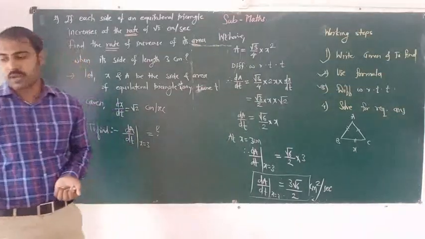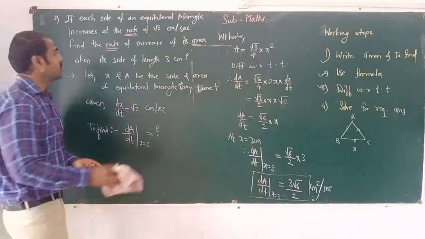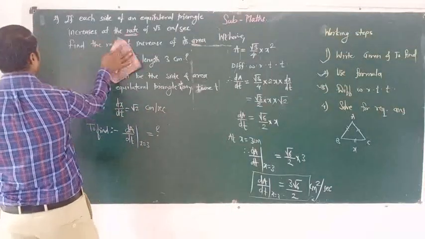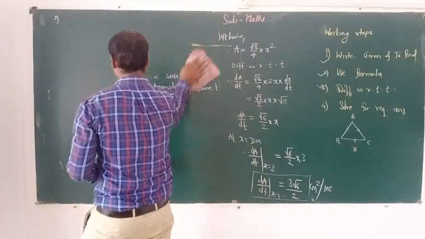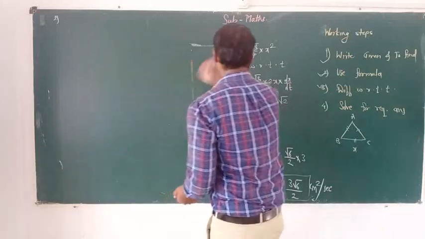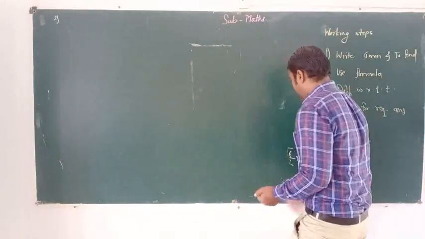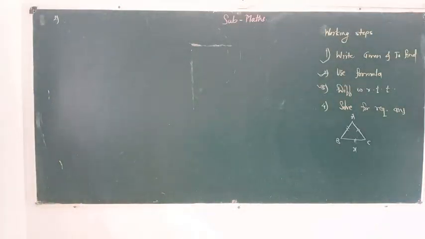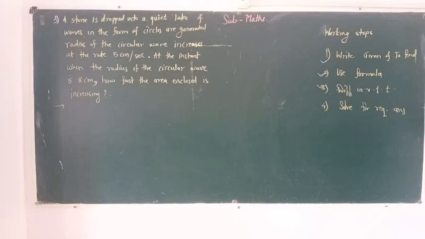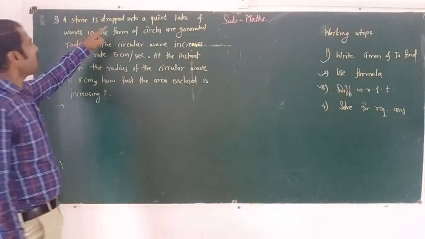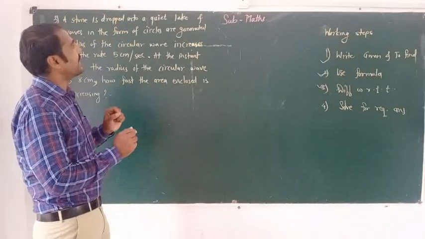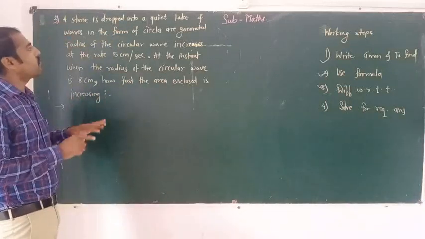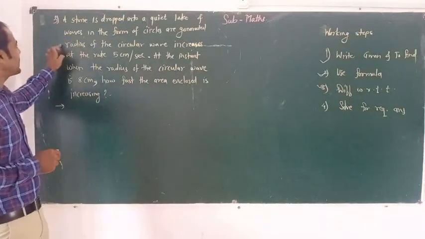Now we are moving to the next example, question number 3. A stone is dropped into a quiet lake and waves in the form of circles are generated.